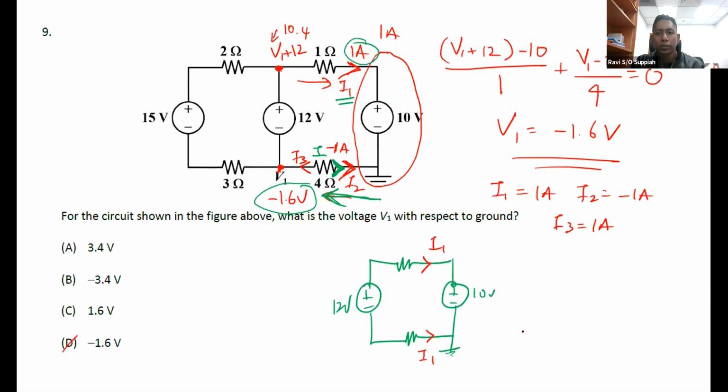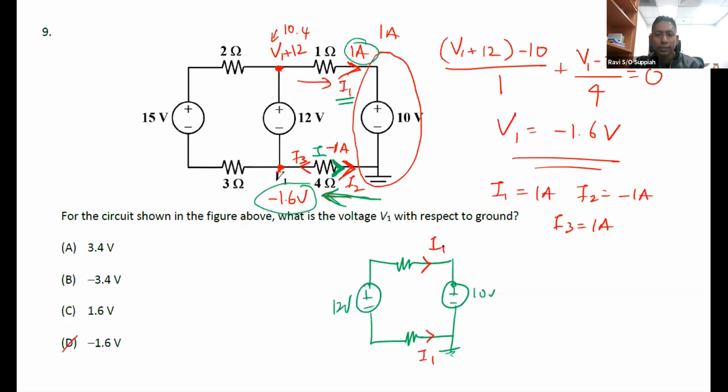If I use I1 to form some equation with this labeling convention, then it is wrong, because you are trying to say both of these currents are going in opposite directions to the same place, which is wrong.